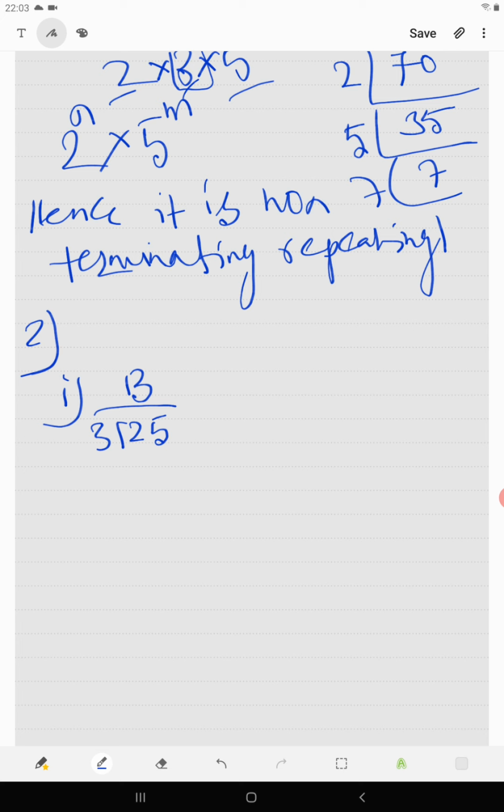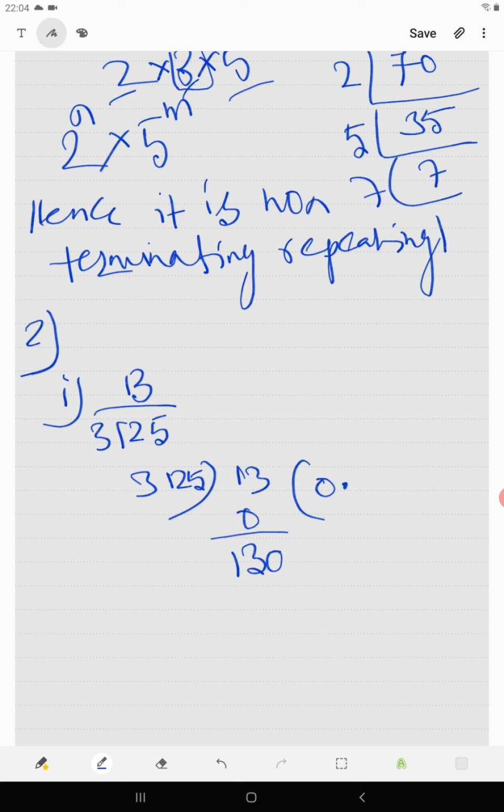So how will we divide it? So 13 by 3125. First thing will be 0, we got 13, then the point will come, and 0.